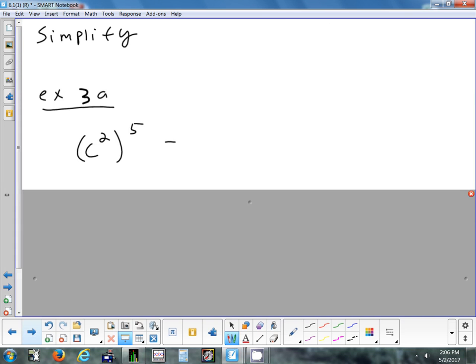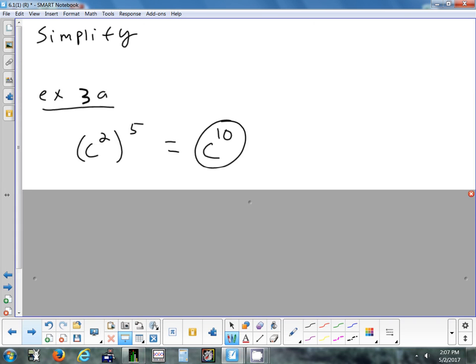Just use the shortcut, the rule we're just talking about. It's a power to a power. Sabrina, when I do this out, what is the base? C. Just like we said, keep the base the same. And Natalie, what about my exponent? 10, and how did you get it? Yep, multiply the 2 exponents. And that's it. C to the 10.